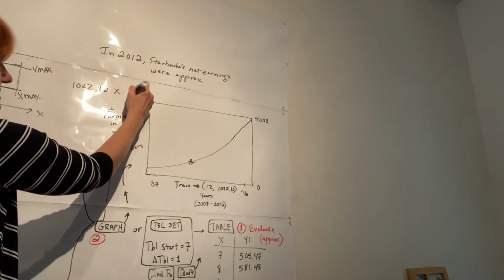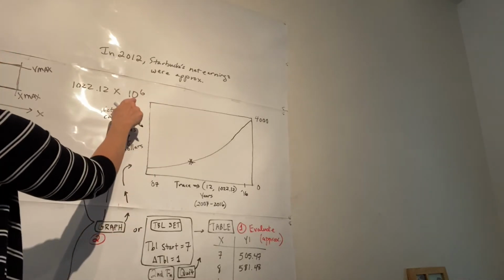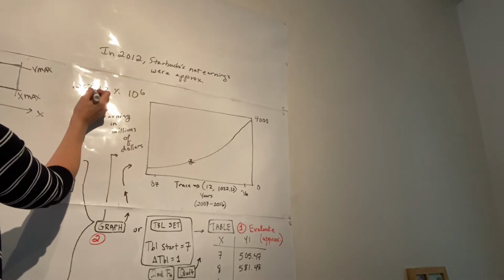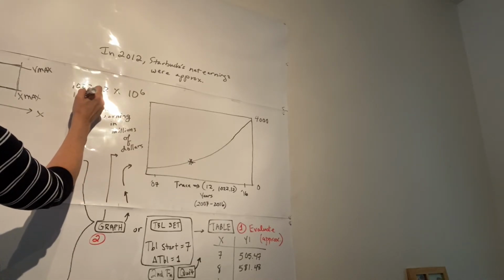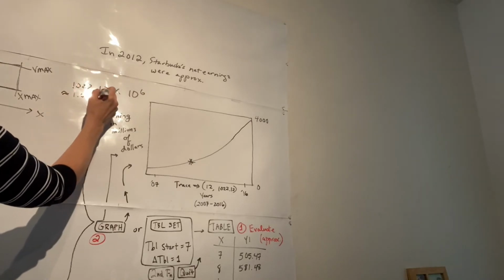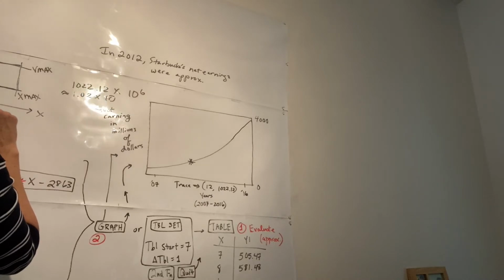1022.12 times 10 to the 6, which is a million, is the same thing as, let's see, if I write that as 1.02 times 10 to the, what is that now?